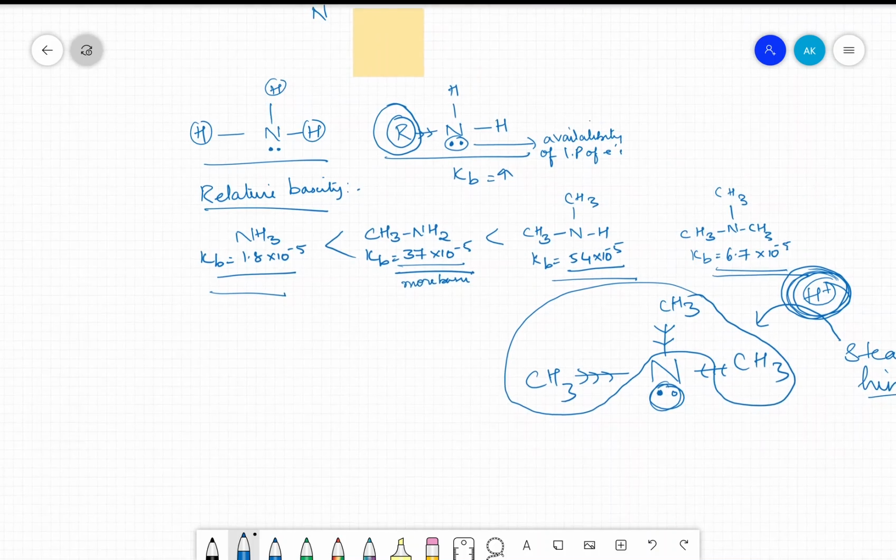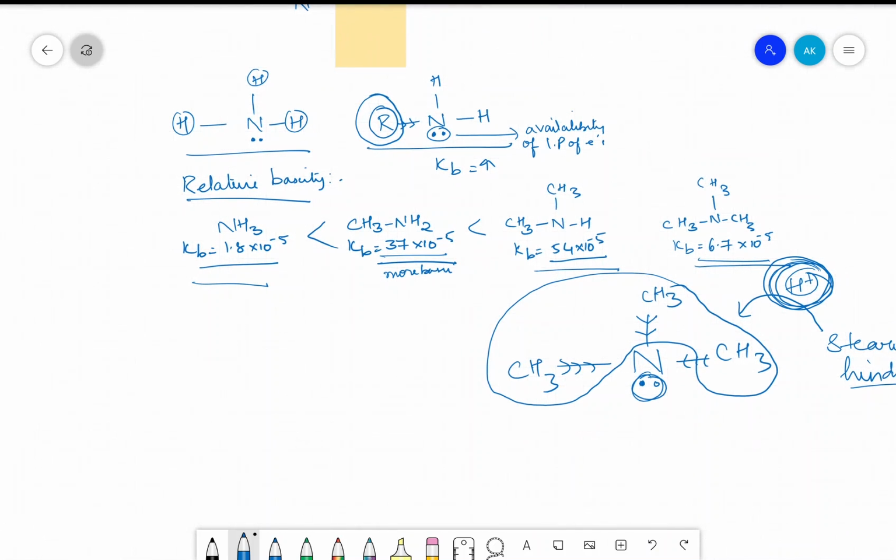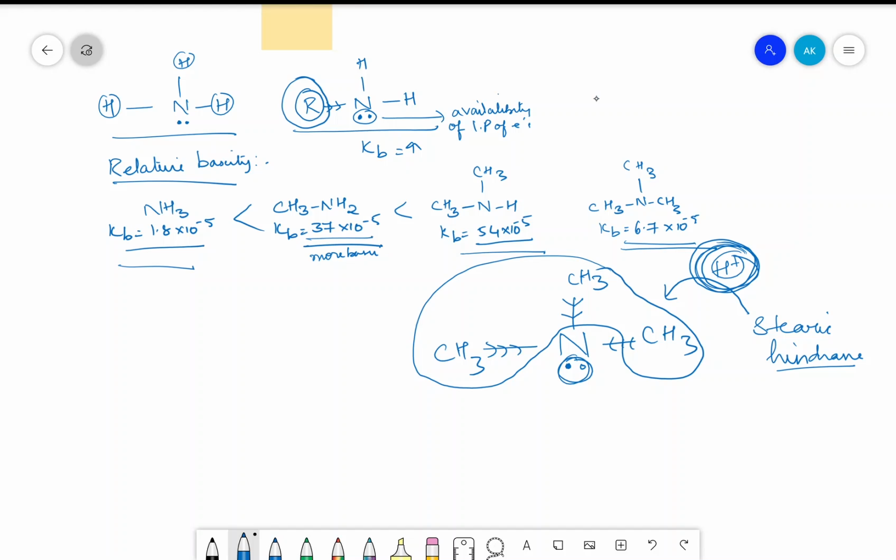We have seen there is some disturbance in the value for tertiary amine due to a property called steric hindrance. That is why it has a lesser Kb value, that is 6.7 into 10 to the power of minus 5. The anticipated value is supposed to be more than 54, but it shows 6.7 due to steric hindrance. That is the essence of the topic which we covered today.